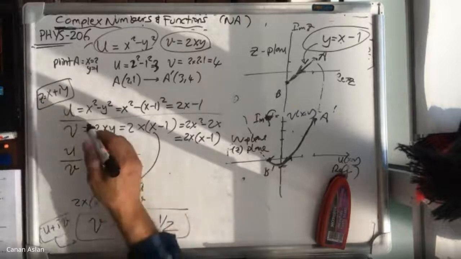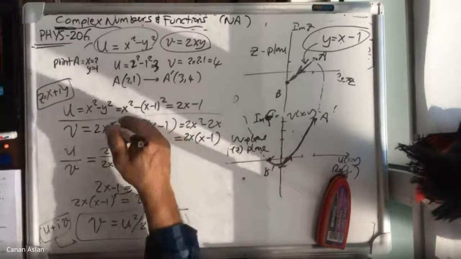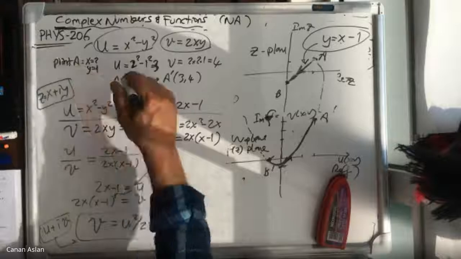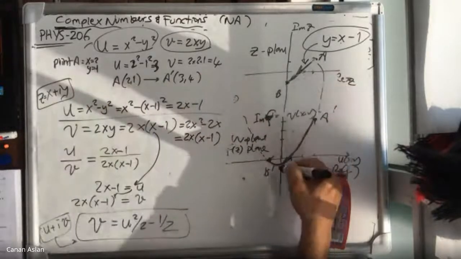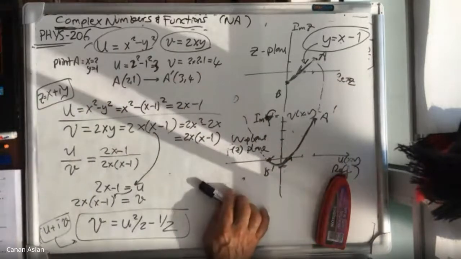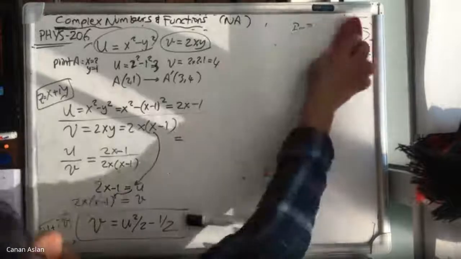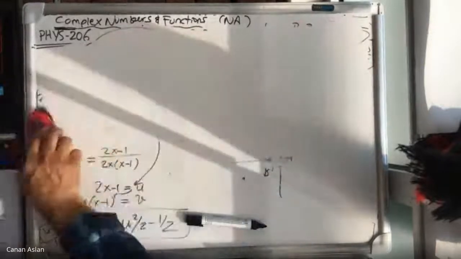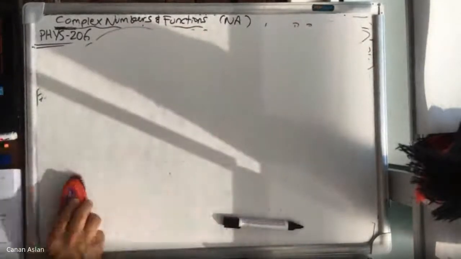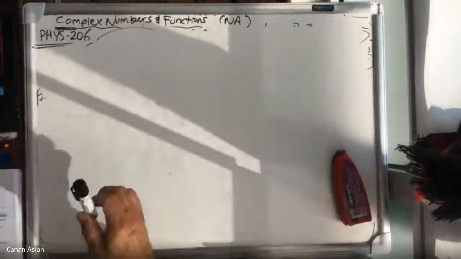So for this one, the straight line turned out to be a parabola in this complex function plane. Okay, now let's remove this and solve another example.